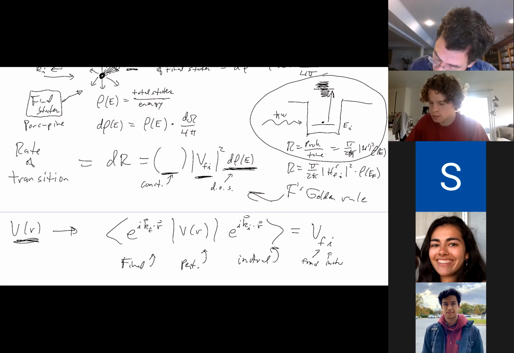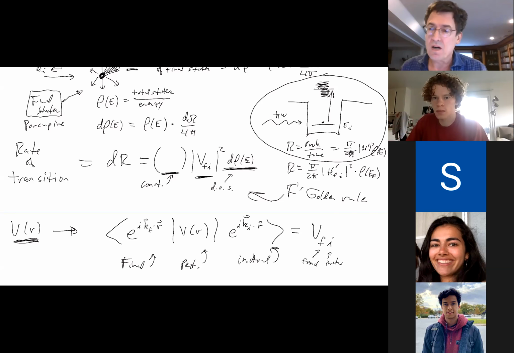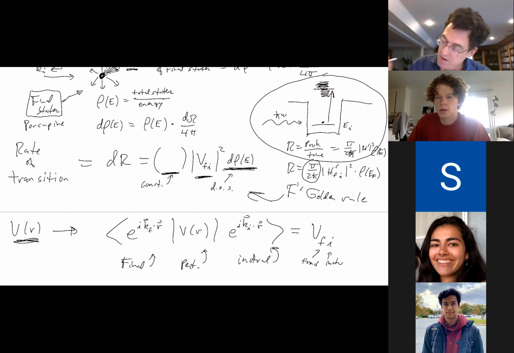And then what goes in this little middle part? The constant. Well, the constant should be pi over 2 h bar, right? But it turns out that there's an annoying little nuance. It turns out it's 2 pi over h bar. There's a factor of 4.